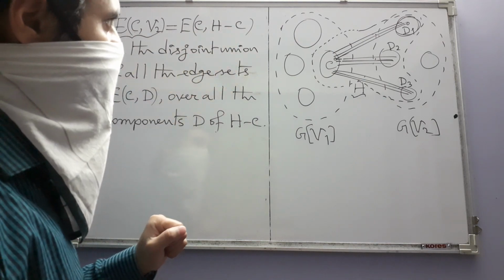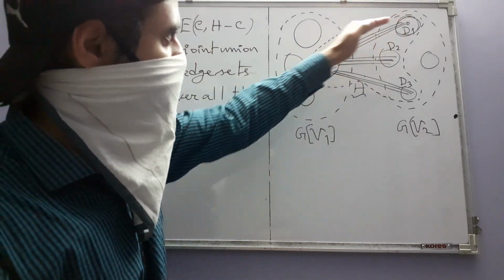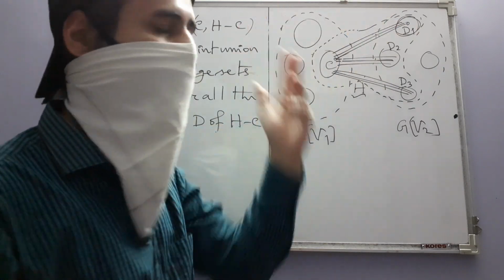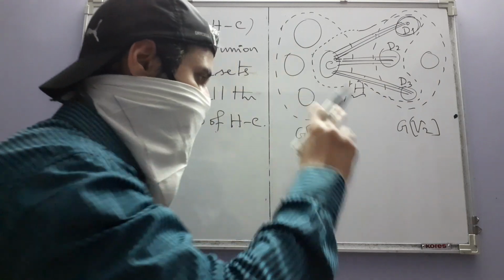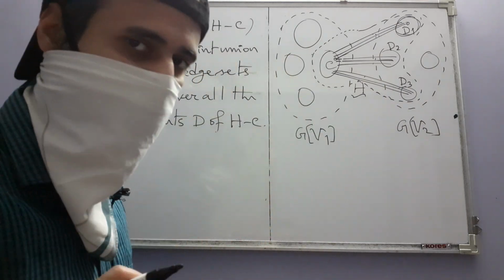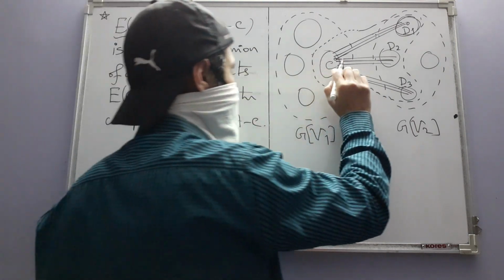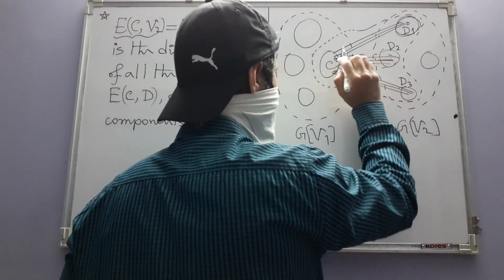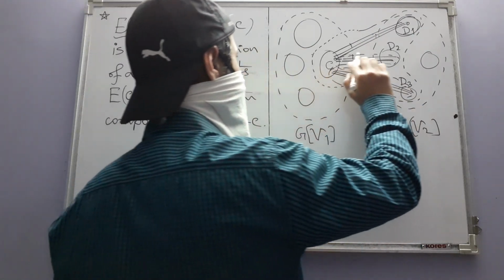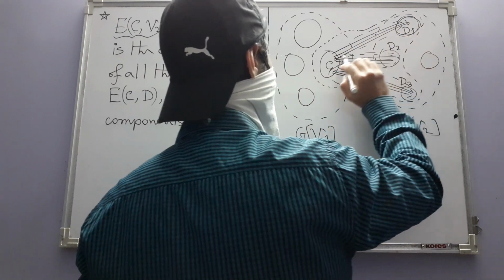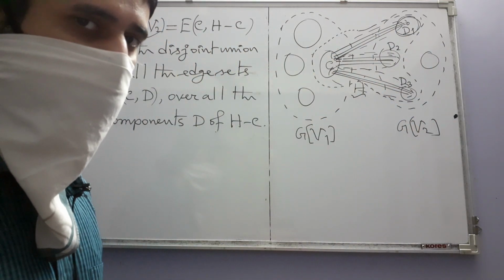That is because between two different components, if you see the connections, there can be no common edge, naturally, because components by definition themselves do not have any common vertex. So whatever connections we will have, they are going to be disjoint. These edges and these edges can have no common edge. Similarly, these edges and these edges are all going to form disjoint sets of edges.